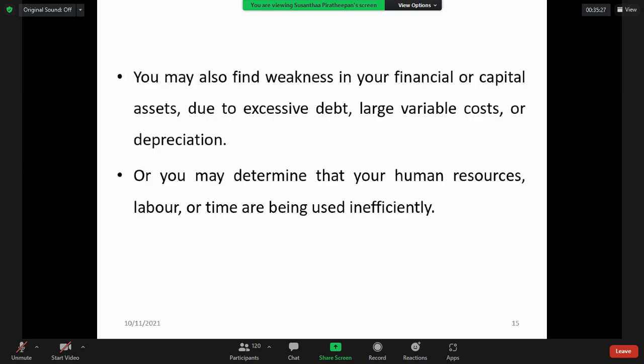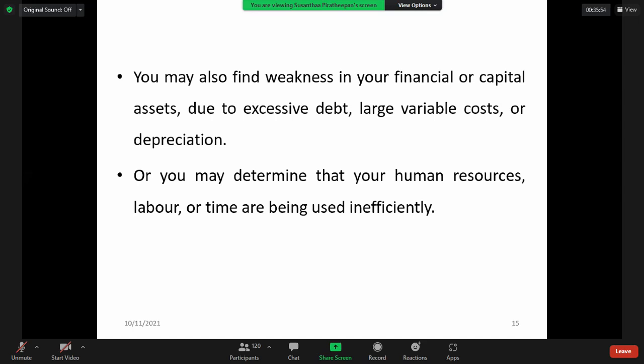You may also find weakness in your financial and capital assets. So you can go for more support from the banks or the vendors, and you can check the large variable cost and the depreciation. Then you can plan your financial support.